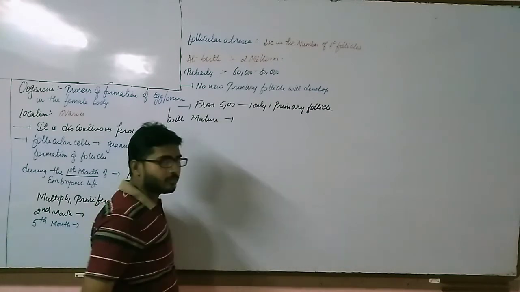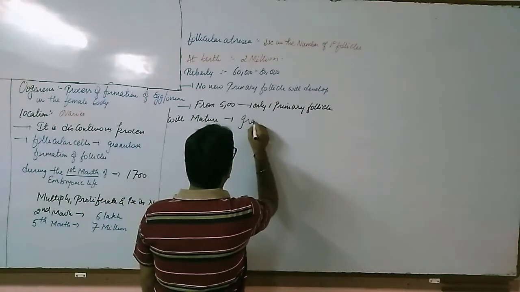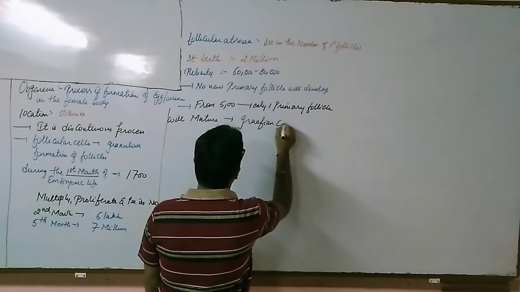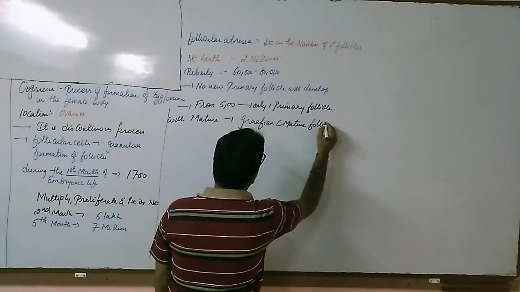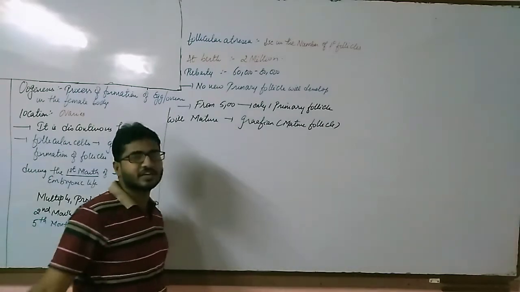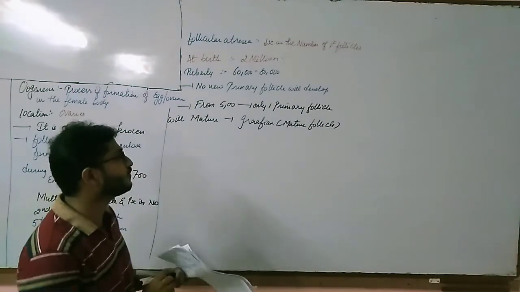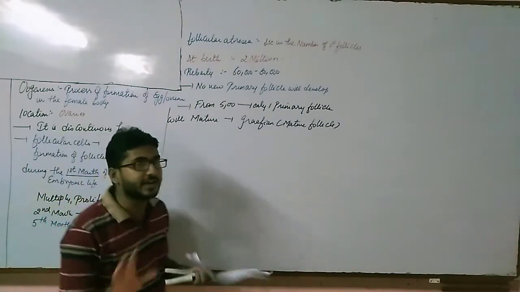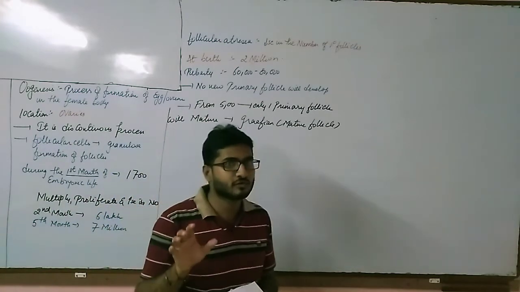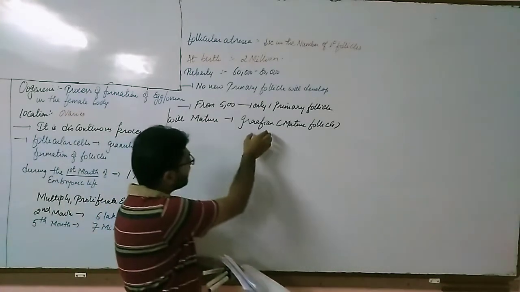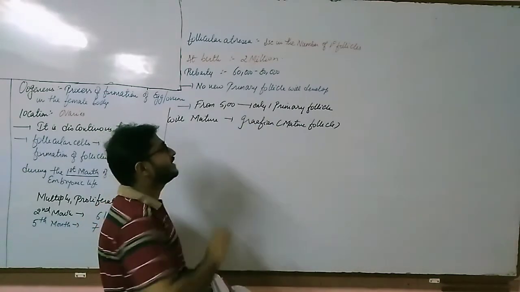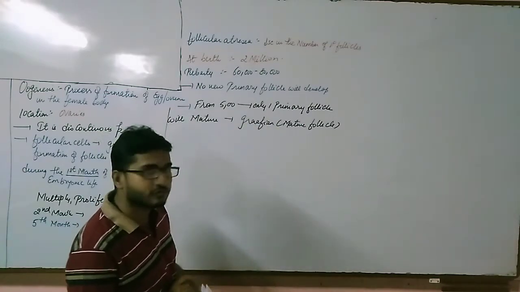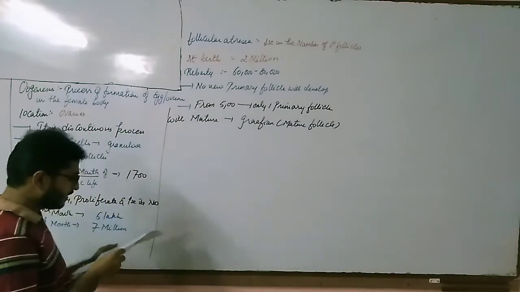It is going to form the Graafian follicle, also called the mature follicle. We have already studied the structure of the Graafian follicle in detail: the fluid filled cavity, that is the antrum, and the secondary oocyte, which is well protected within the discus proligerus cells of the Graafian follicle as well as the granulosa cells.